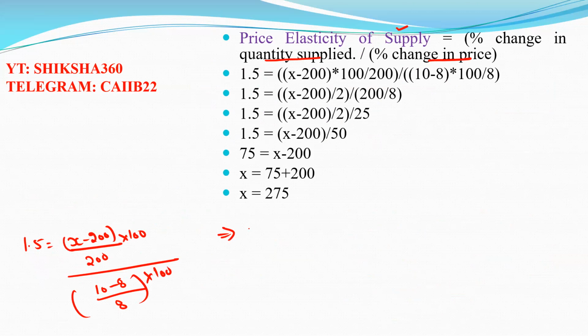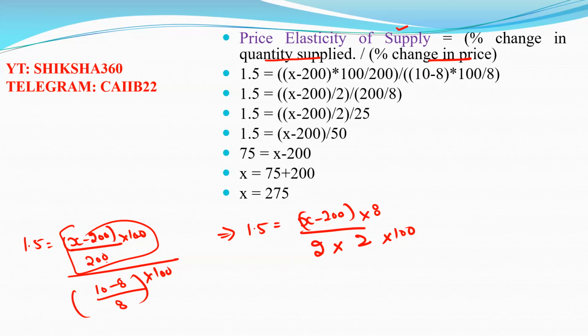This comes out to be 1.5 equal to (X minus 200) upon 2 into 8, that is, (X minus 200) upon 200 into 2 upon 8.